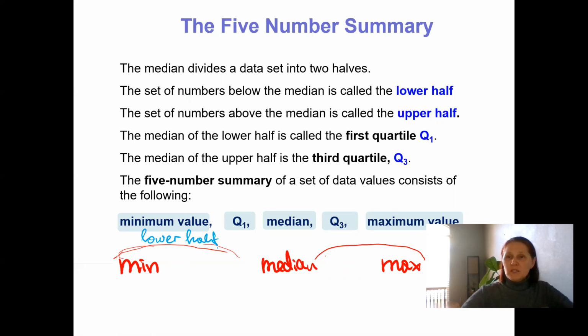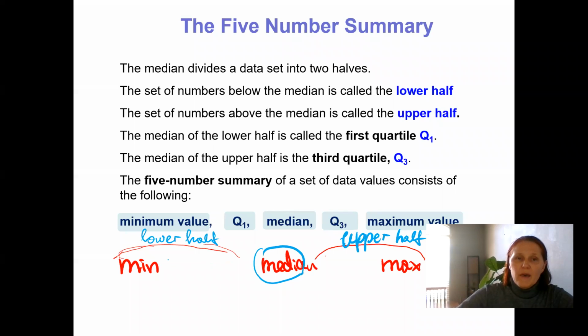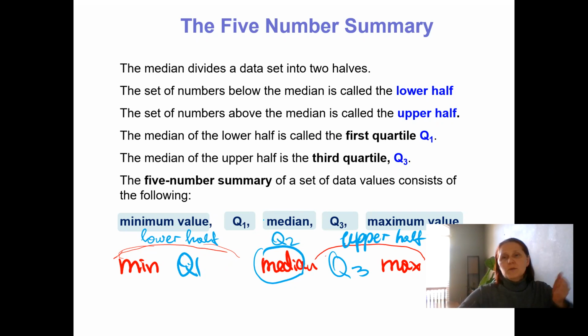We can use the terms lower half and upper half. So in the middle we have the median, and when we divide the lower half into two halves, we get the first quartile, and dividing the upper half into two halves, we get the third quartile. You can actually call the median the second quartile, although it is not used so often.